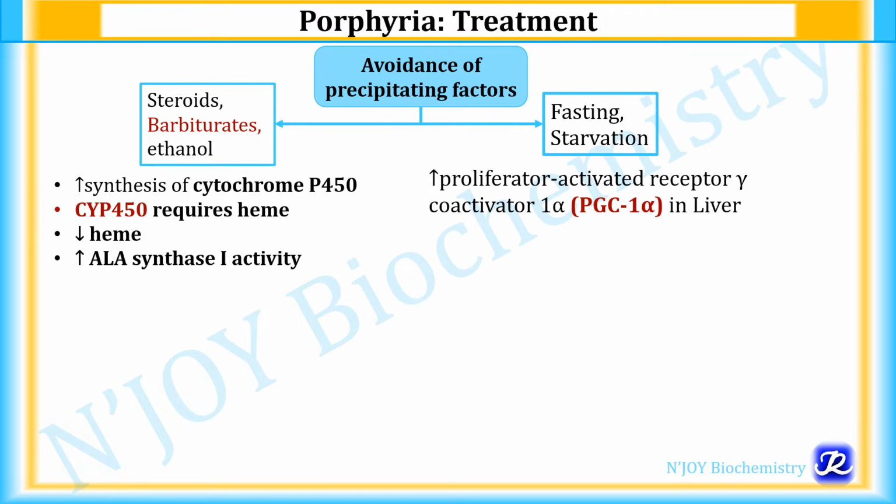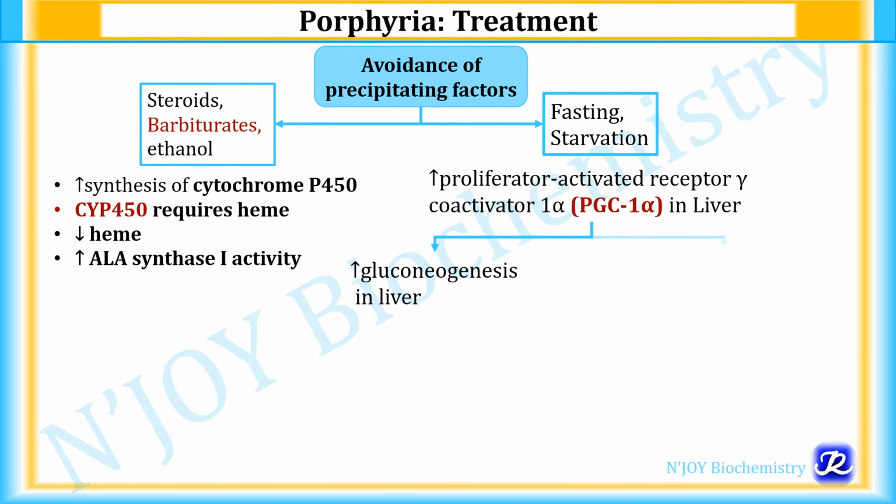In fasting and starvation, this protein is responsible for increased gluconeogenesis in the liver, that is formation of glucose from non-carbohydrate precursors. So in starvation there is increased PGC1 alpha, which leads to increased gluconeogenesis in the liver.